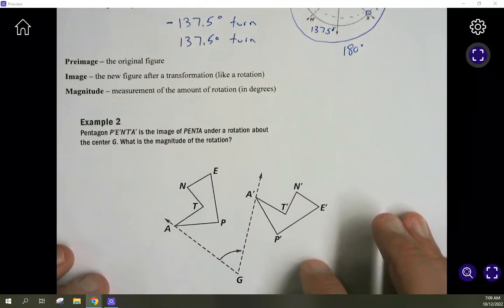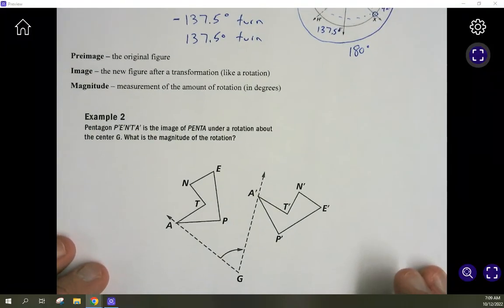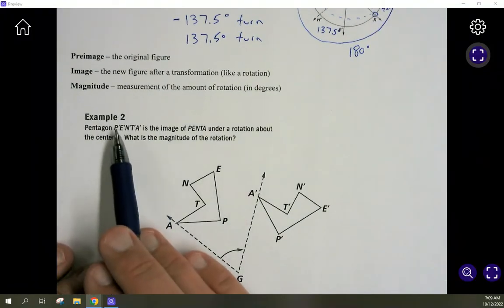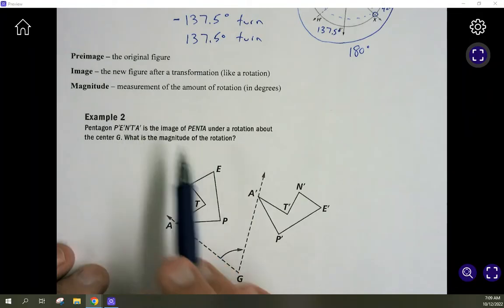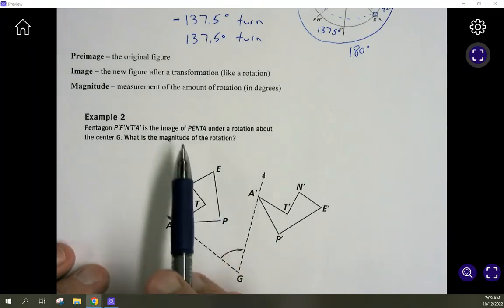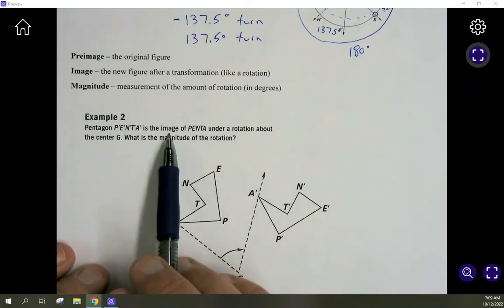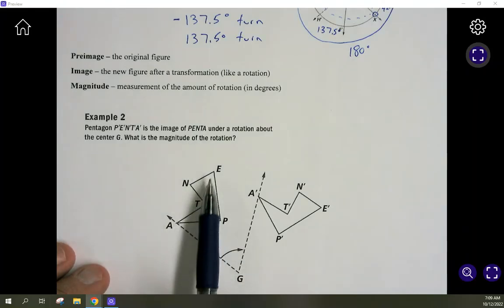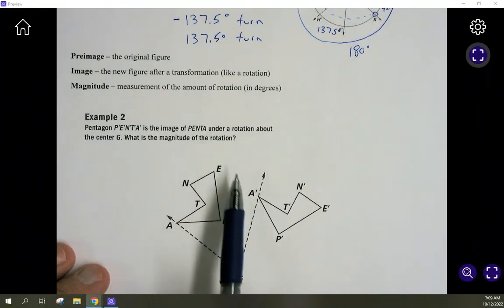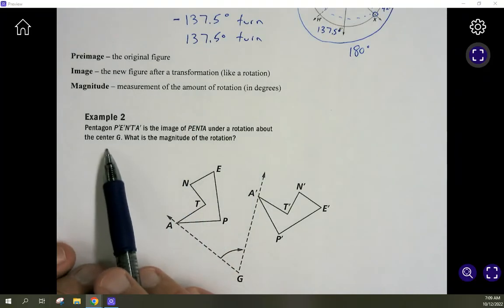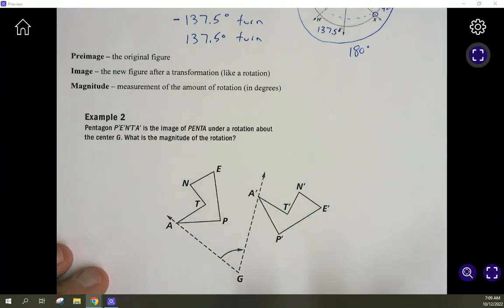So if we look down here at the bottom, pentagon P-E-N-T-A, with all the markings, is the image of, meaning it's the new version of the pre-image, penta, under rotation about the center G. What's the magnitude of the rotation?